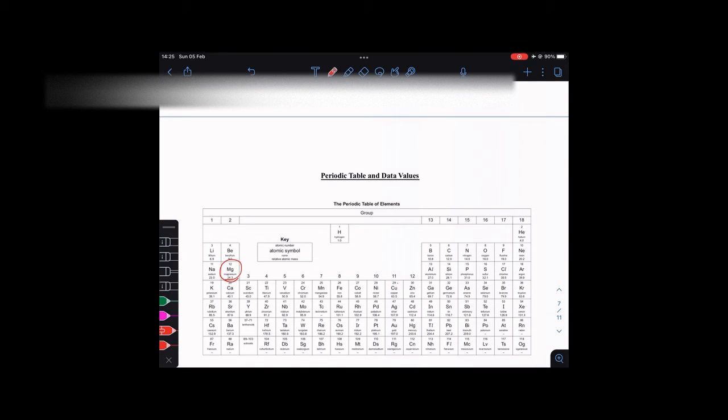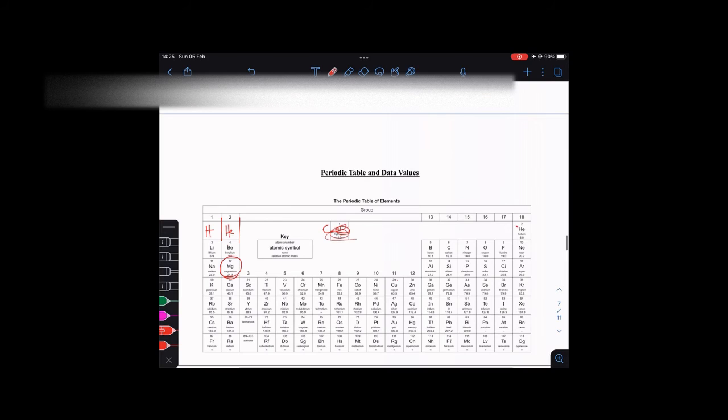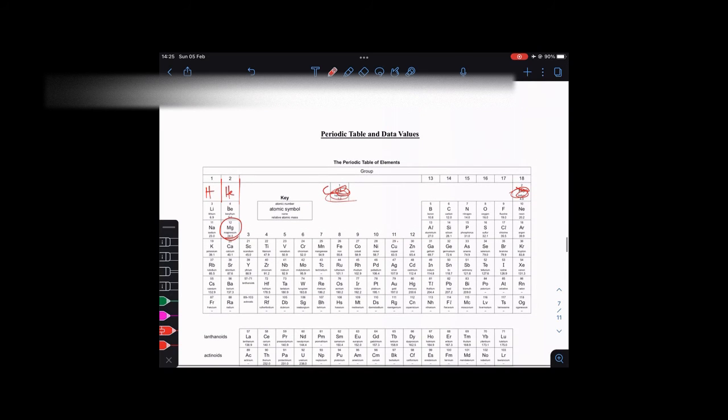Here's the different explanation on how to get the configuration, but I just want a quick introduction. So this is hydrogen, this is helium. For electronic configuration, we need to move certain steps from hydrogen to that element.